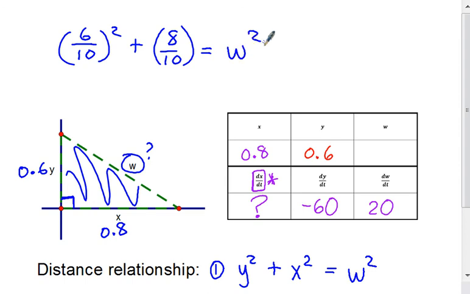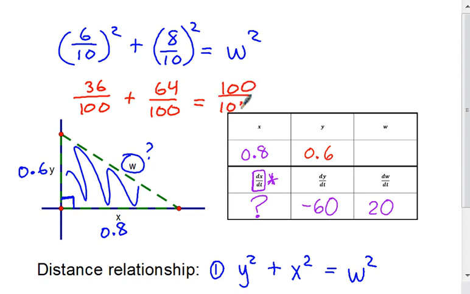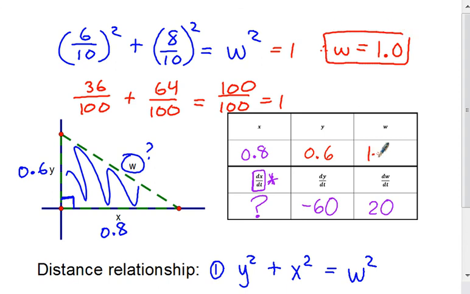What is w? Okay, need to square that. Well, 6/10 squared is 36 hundredths, and 8/10 squared is 64 hundredths. And we're supposed to add those together, which gives 100 hundredths, or 1. So w squared is 1, therefore w is 1. And I'll write it as 1.0 miles, just to be consistent with the way the information is presented.